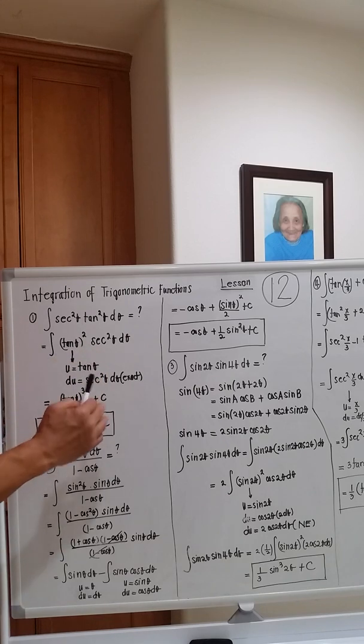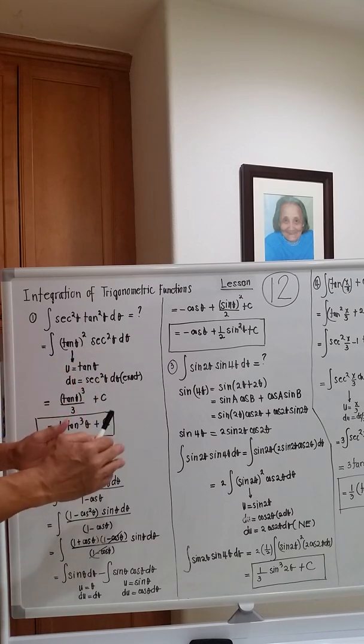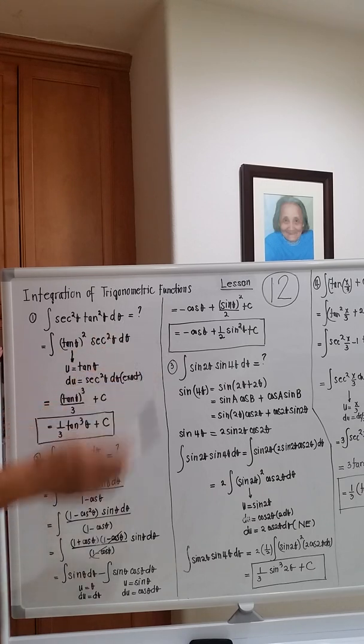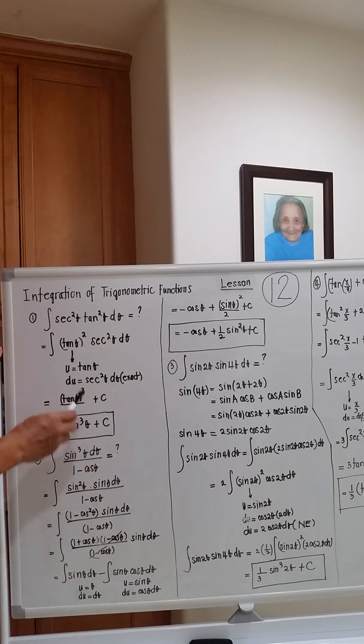We place it in something like the so-called power formula. So if this is under the power formula, we will let u equal to the tangent of theta. The value of u inside the exponent is tangent of theta. Du will be equal to the differential of tangent, which is secant square of theta, differential theta.